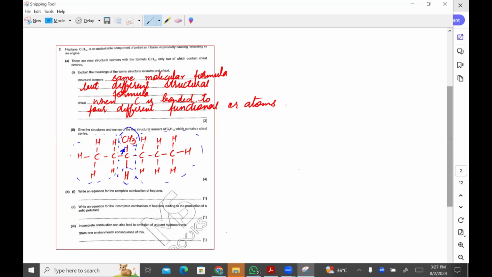So let's move further towards the next part. Now, if we draw another isomer for this one, how are we going to do that? You can draw 5 carbons. In total, we have 6 carbons. If we are drawing 5 carbons and we are putting a methyl group here and a methyl group here, what is going to happen?